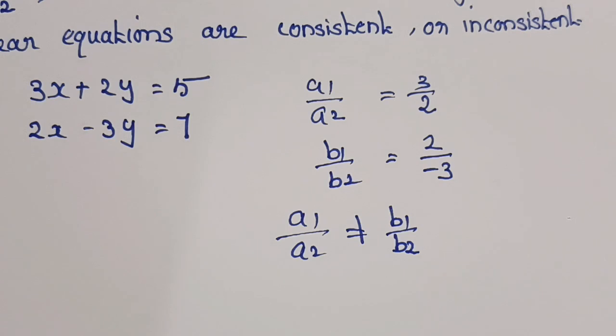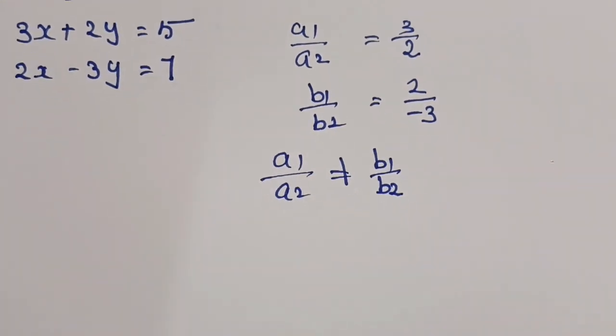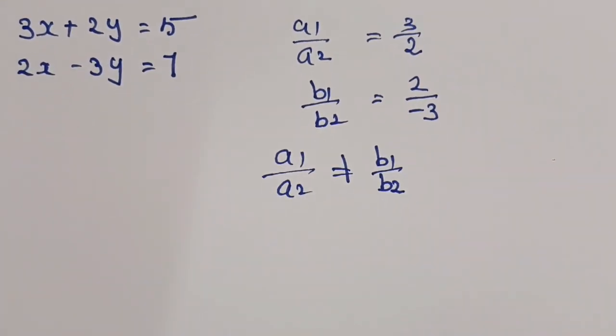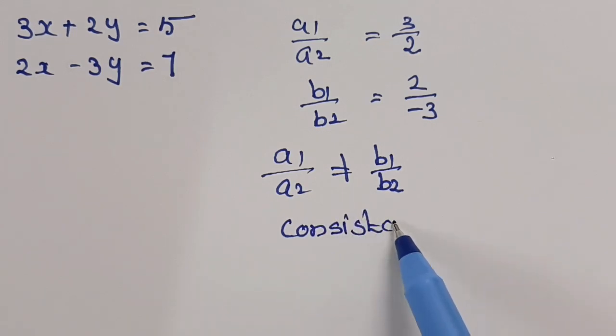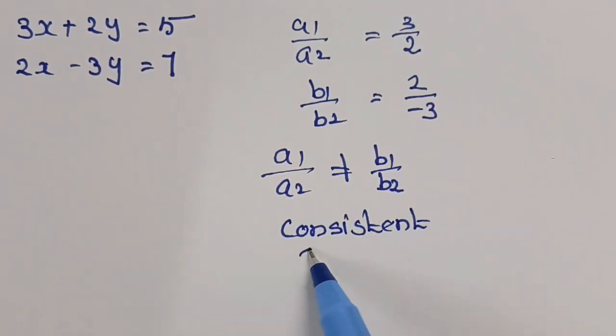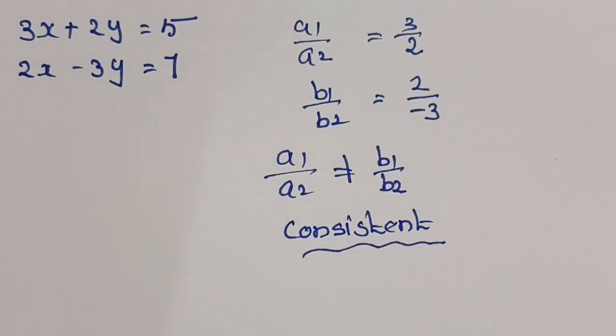If the lines are intersecting, then it has a unique solution. Unique solution means if there is a solution, then the system is consistent. Therefore we get the given system of equations is consistent. Okay.